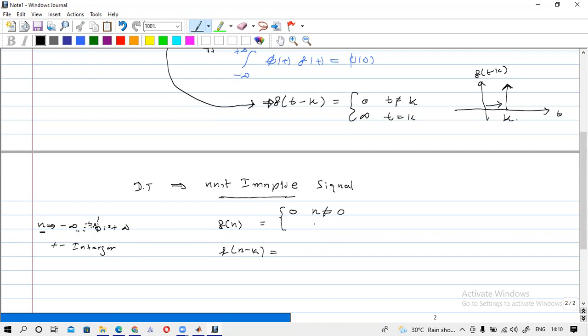And if n is equal to 0, what is the value here? Please tell me. I think you have learned this in a theoretical class.